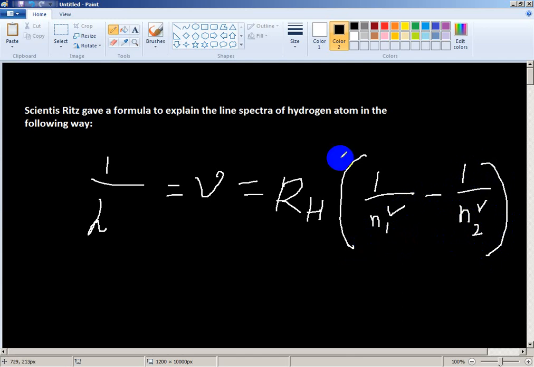Here the electron is in. N2 means from where the electron comes. N1 means in and N2 means out.